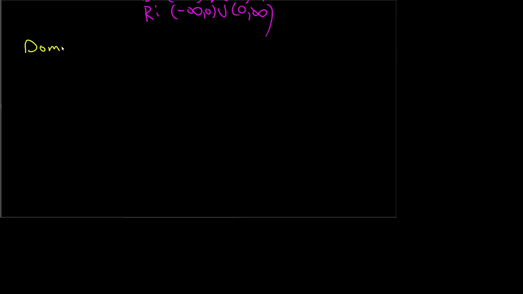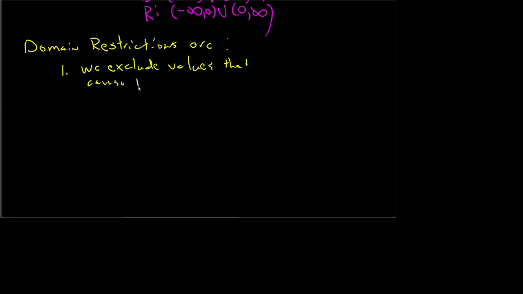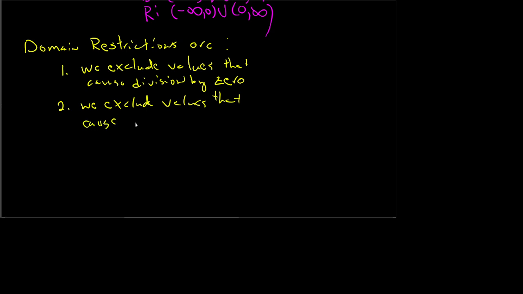So our domain restrictions are: we exclude values that cause division by 0, because dividing by 0 is undefined mathematically, and we exclude values that cause even roots of negative numbers. Alright, so you can't have the square root of negative 2.